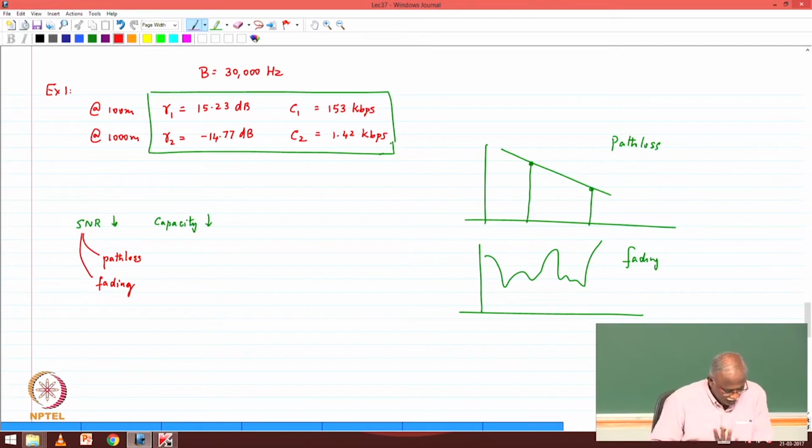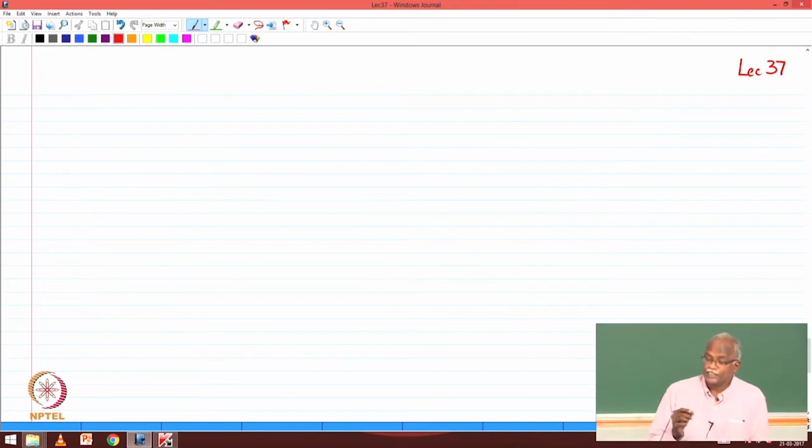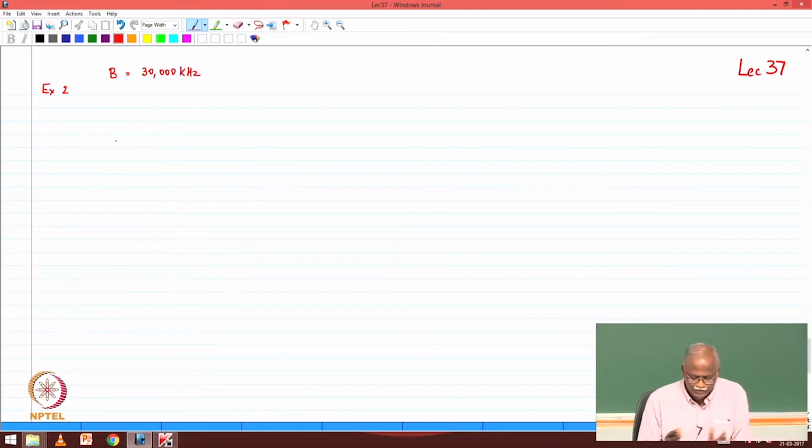Okay. So with that broad framework in mind, I would like us to look at one more example. Again, the purpose of this example will become clearer as we spend more time with it. So here is example 2. The bandwidth is 30 kilohertz, like the previous example. And we're going to look at 3 different SNRs.